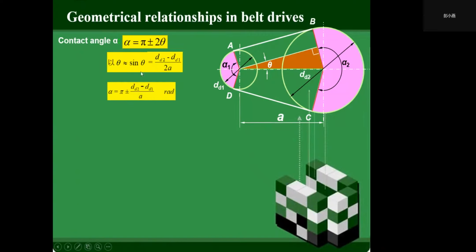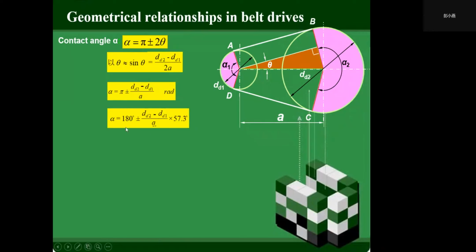And then we have this. We calculate the contact angle as pi plus or minus (dd2 minus dd1) divided by distance a. We can calculate the contact angles alpha 2 and alpha 1. For alpha 1, there is minus. For alpha 2, there is plus.